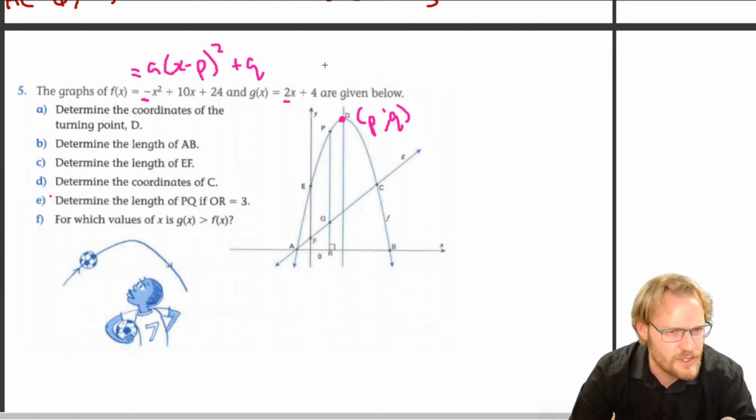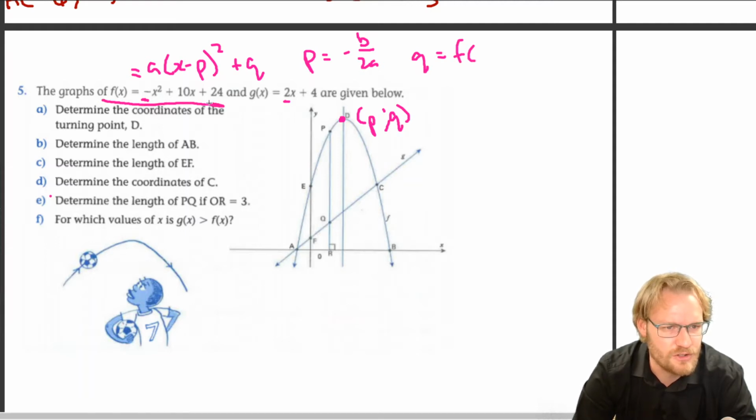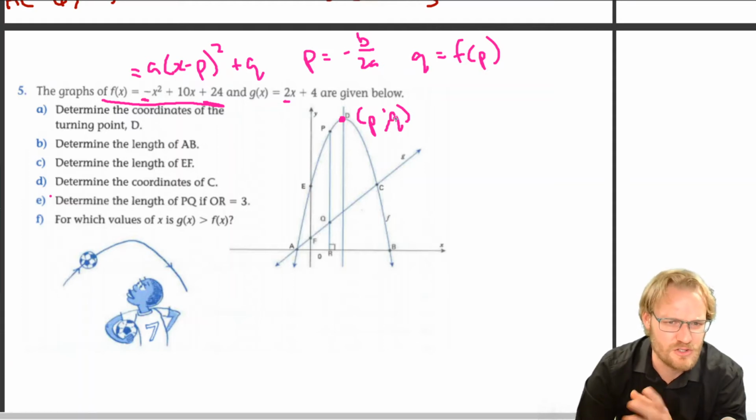P equals minus b over 2a, and for q we're just going to substitute it into this original equation that we're given, so f of p. In other words, sub in whatever value we get for p into here, and we'll get the output. It fits in with our function knowledge: to find the output, input the input. Okay, so we can find out D.